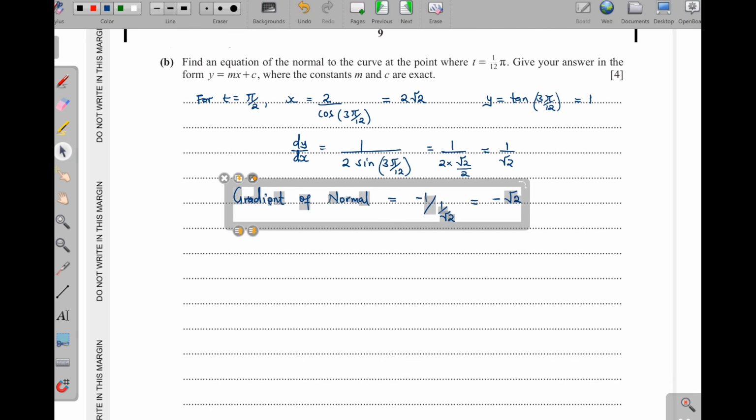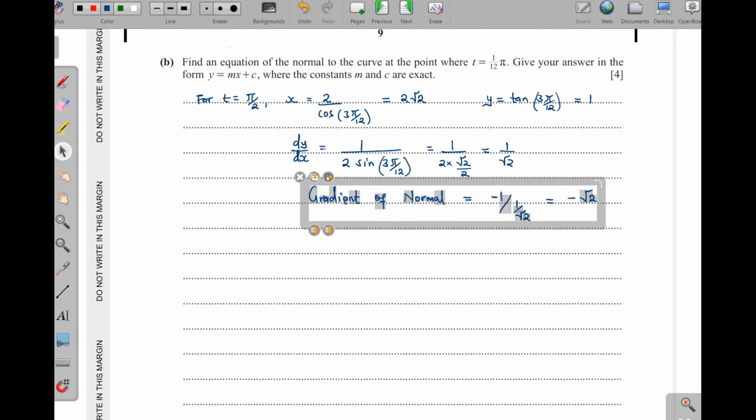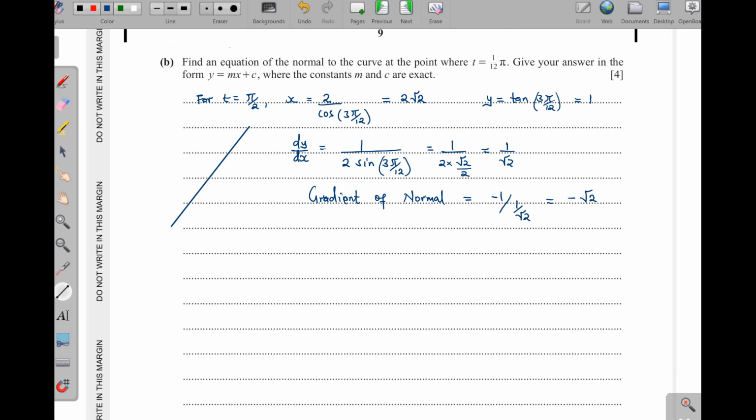That means this one comes out as negative root 2. You see that? So we have the gradient, and we also have the coordinates of the point through which the line passes. Usually I have always drawn this and then said if this is the curve meeting this line at one point, then this one becomes the tangent. This is the curve, and then there is that line which is perpendicular to the tangent.